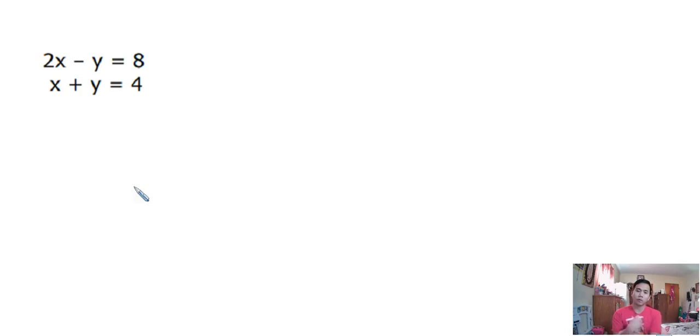But if your elimination is already written so that, just like in this example, your negative y and positive y are already opposite because the coefficient is 1, they have the same coefficient and they are opposite to each other. One is negative and one is positive, so we can immediately go and eliminate y.